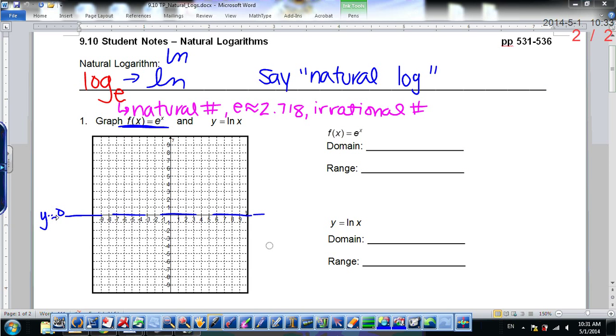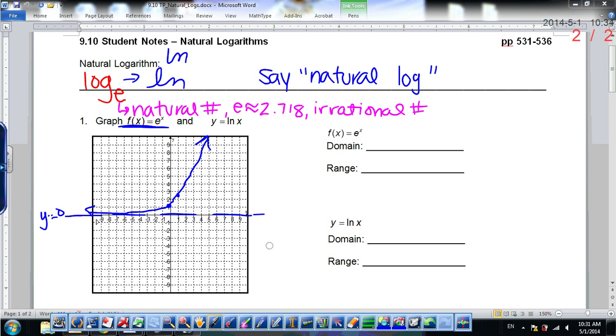And what point do we know is on them? 0, 1. The next point would be 1, comma, 2.718, the approximation of the natural number, because e to the first power is just going to give you e. So that's our e to the x parent function.